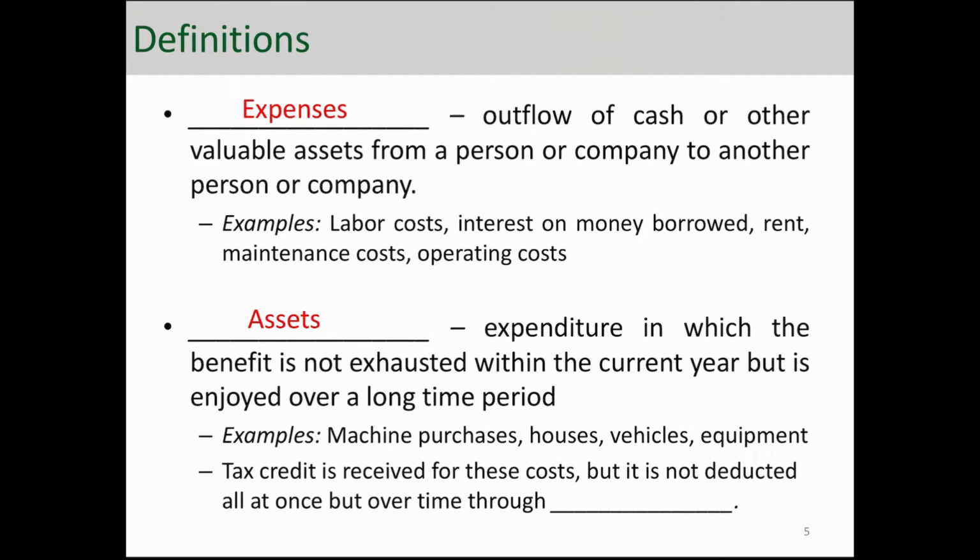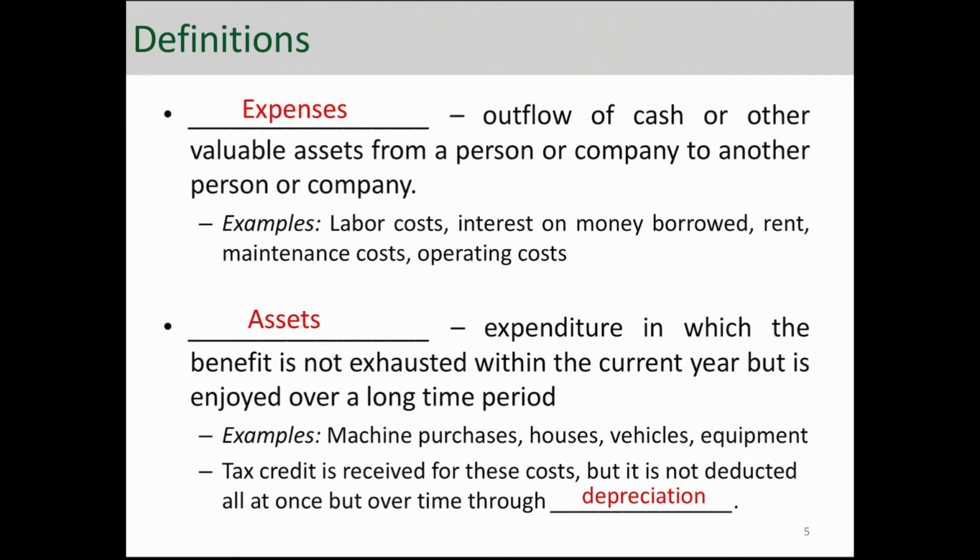And what you can do with your assets is you can receive tax credit, but is not deducted all at once, but over time through depreciation. So for example, if you buy a vehicle for your business and that vehicle costs $10,000, the first year that you bought it, you cannot deduct $10,000 from your income.